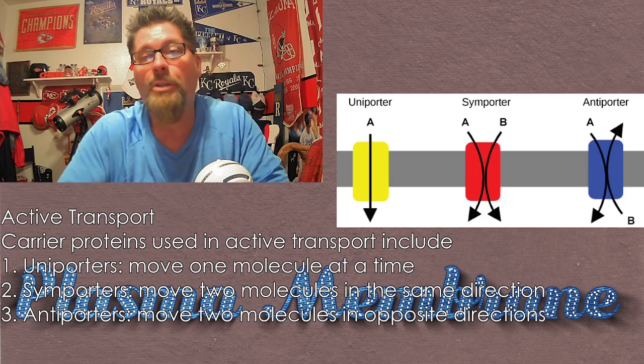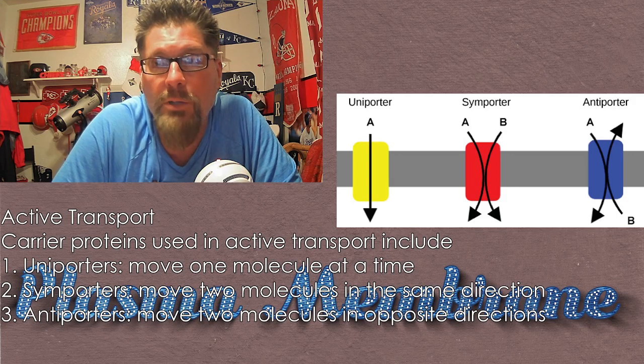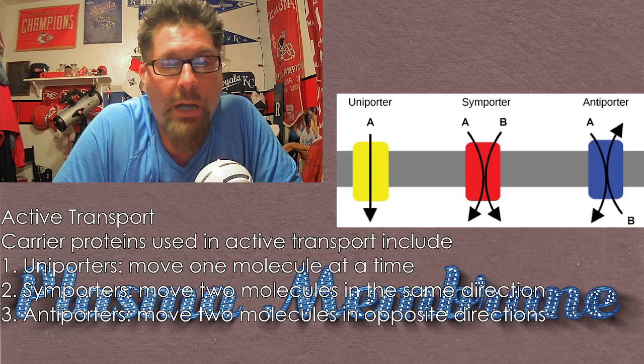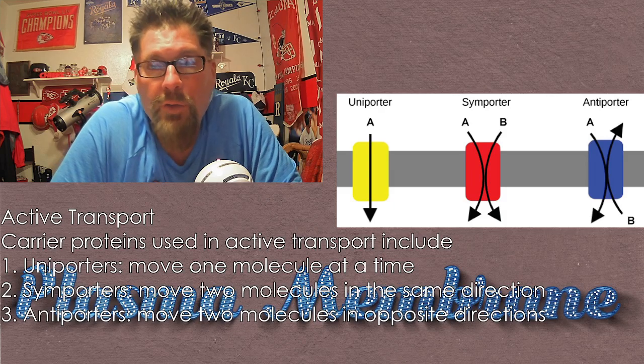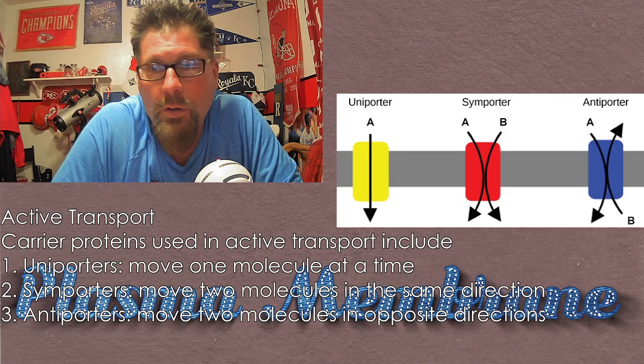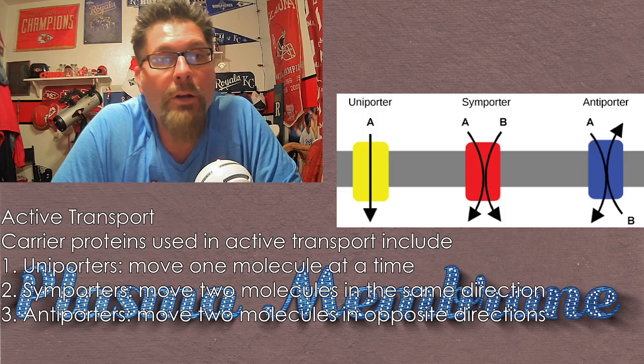Alright, so in this process, active transport, we're going to use 3 types of proteins. And these types are basically named after their function. When we're going to move things, if we use a uniporter protein, then that's going to move one molecule at a time in one direction.